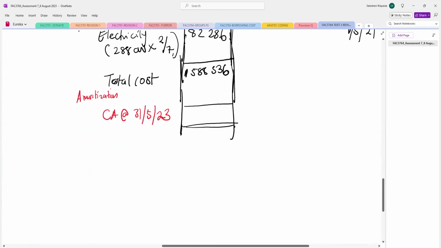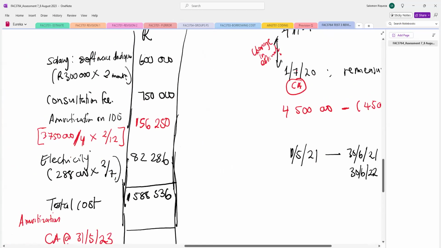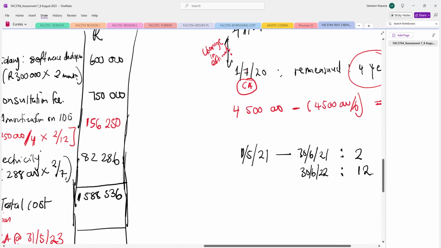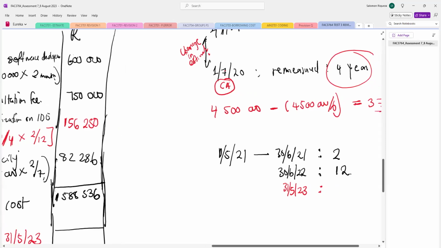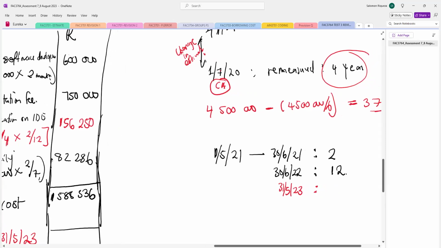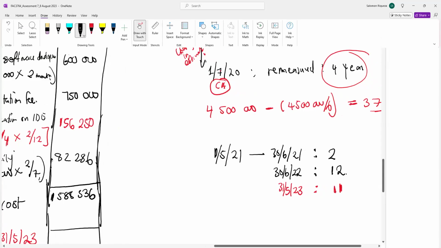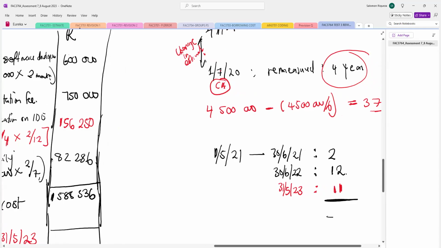We want to get to 31 May 2023. On this one, it's not a full year. It's 11 months. May, June, 11 months. So all the years that the asset has actually moved to, we can now calculate.